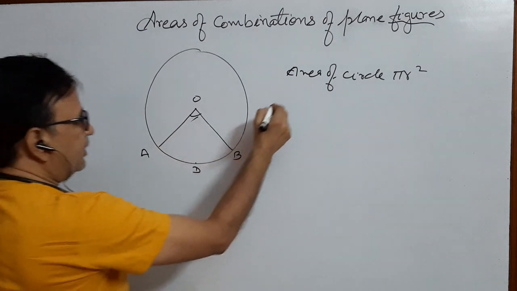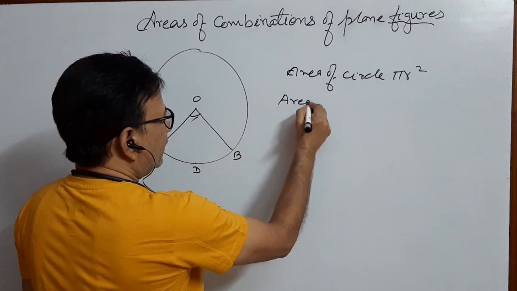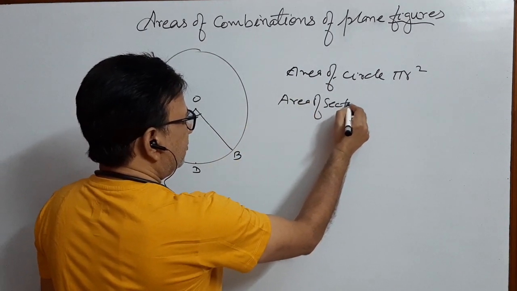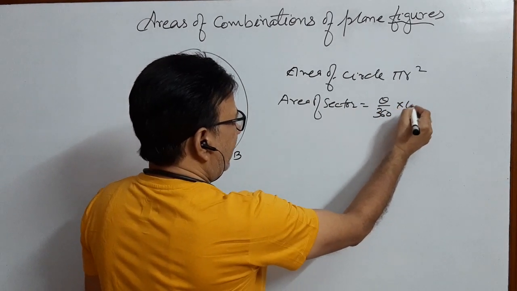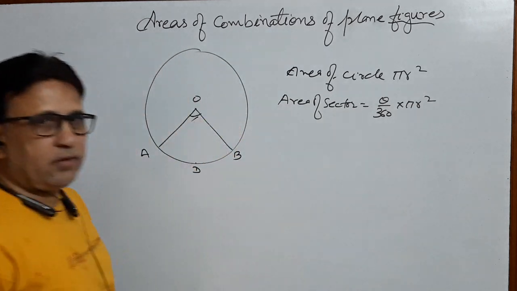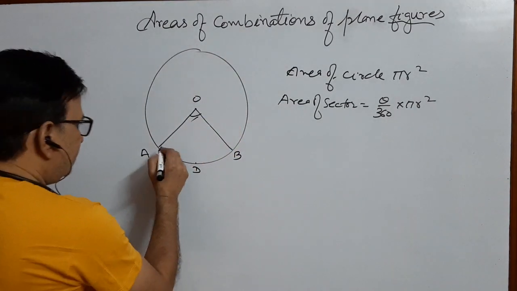This complete part is known as the sector. So you know the area of sector is theta upon 360 pi r square. Clear? Then this is known as the segment.